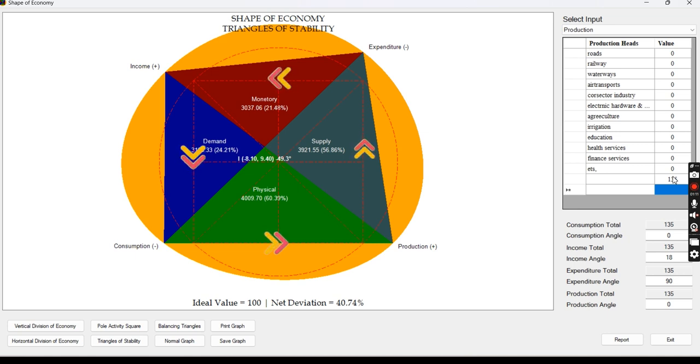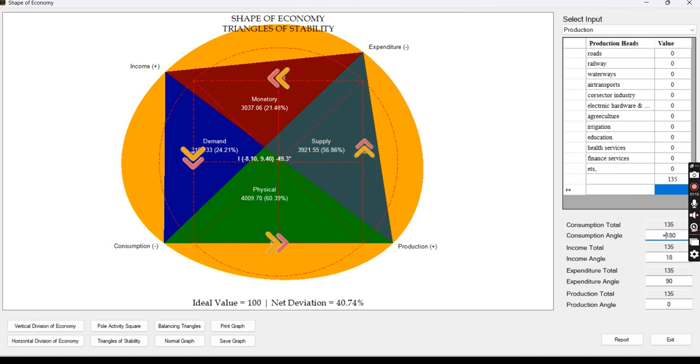So this is how the GDP growth is now. Net deviation you will find that 40.75% growth has already taken place in the economy. I am using the word economy because I am a resident of India and I know the growth potential of the Indian economy.